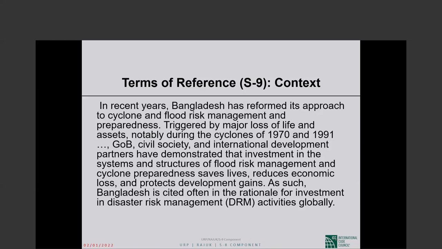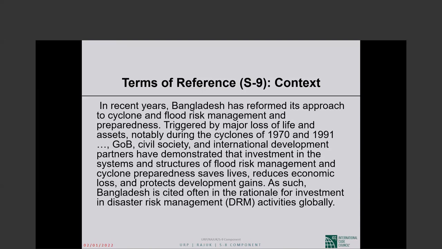The government of Bangladesh, civil society, and international development partners have demonstrated that investment in the systems and structures of flood risk management and cyclone preparedness saves lives, reduces economic loss, and protects development gains.